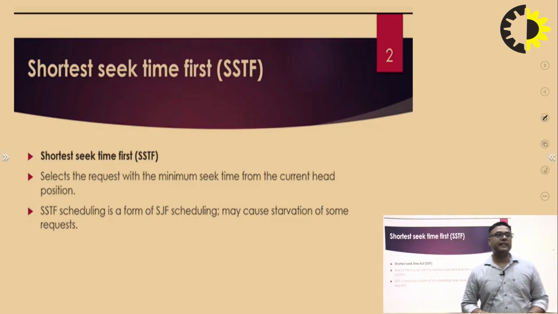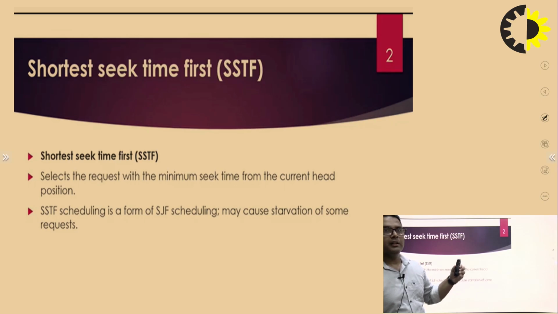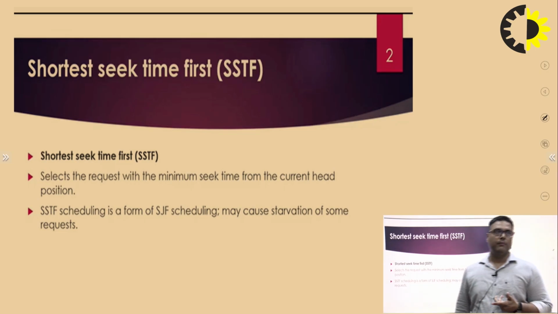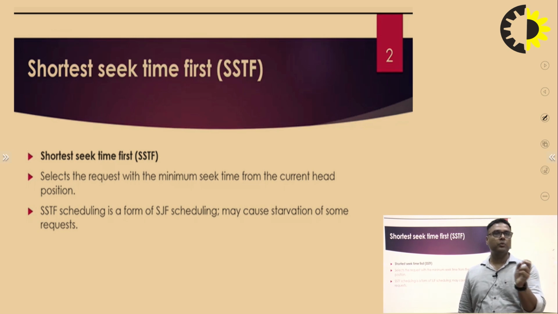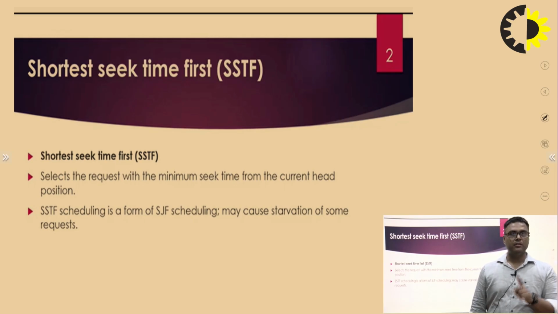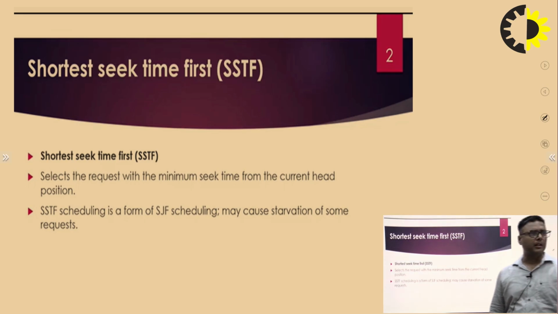Next is shortest seek time first. If the head value is 50 and data is requested from different positions, then the job with the minimum head movement from one position to another is entertained first. In SSTF, the job whose value is minimum from the head to the desired location is entertained first. It selects the request with the minimum seek time from the current head position.